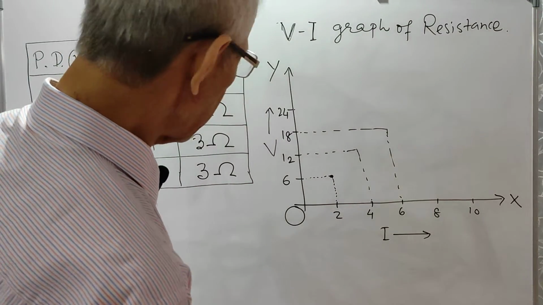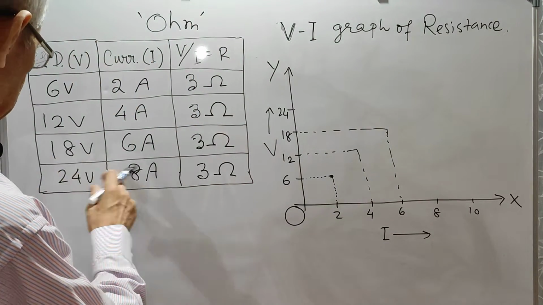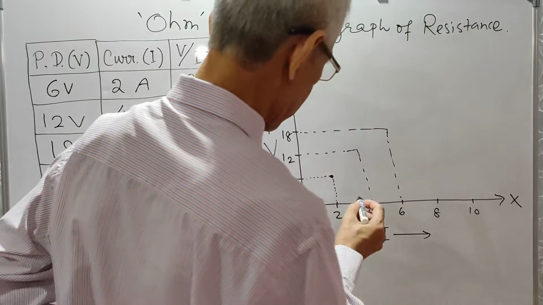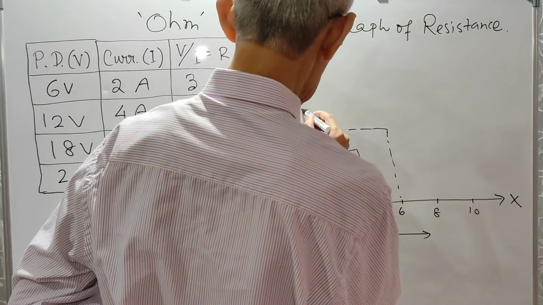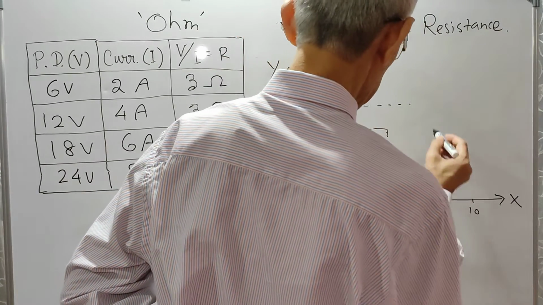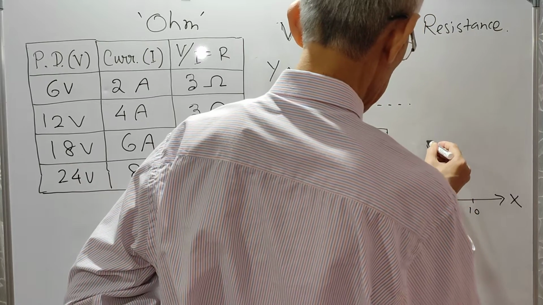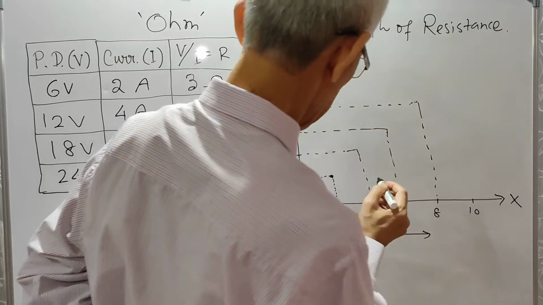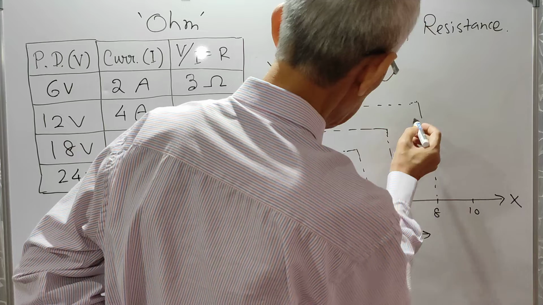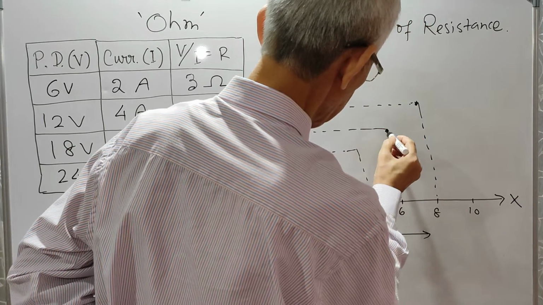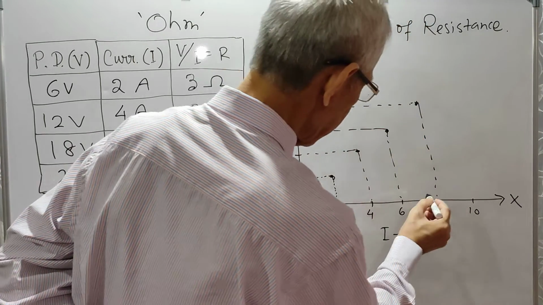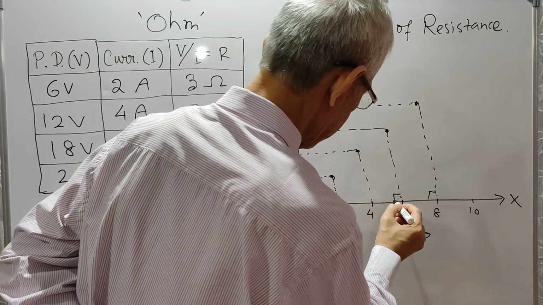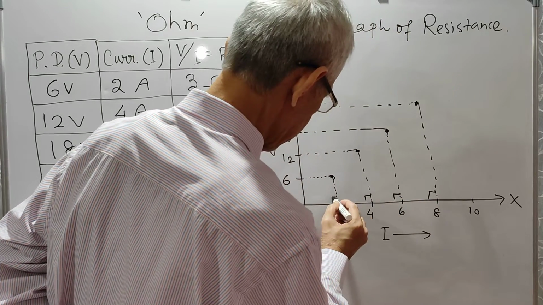And next point is what? 8, 24. Now all these, if you join these points, you should get a straight line. You see this, okay? So these are the 4 points. Of course, these are 90 degree.